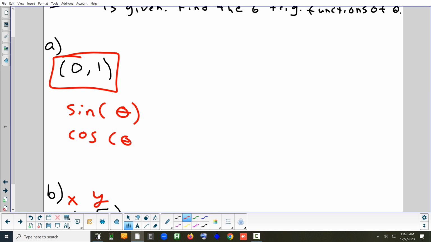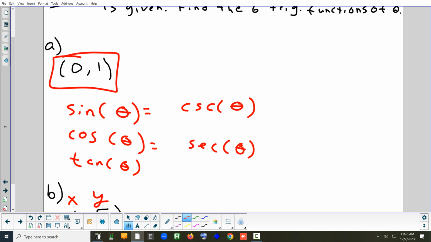And we'll do the cosine and the tangent. What's the name of the trig function you get when you flip the sine? Cosecant. Yeah. How about when you flip the cosine? That's what? Secant. And when you flip the tangent? Let's see. Cotangent.